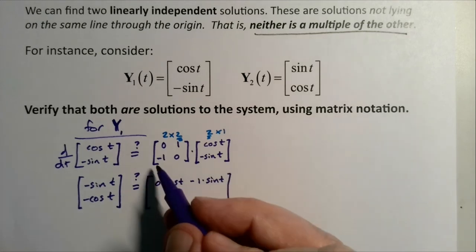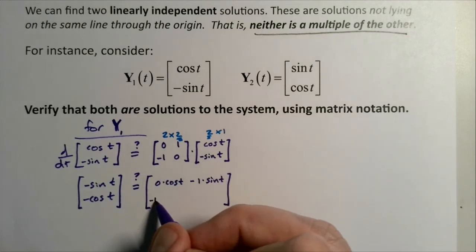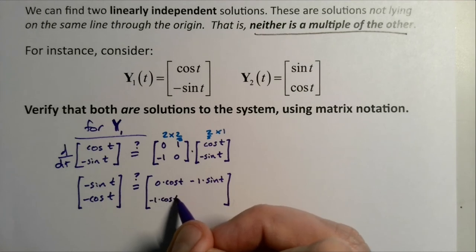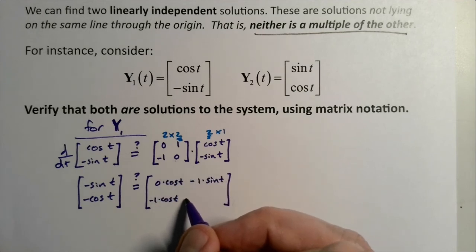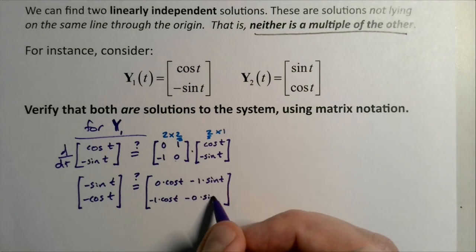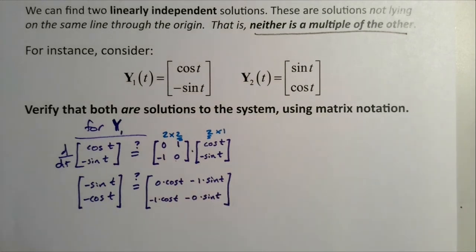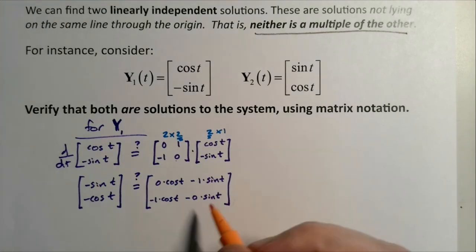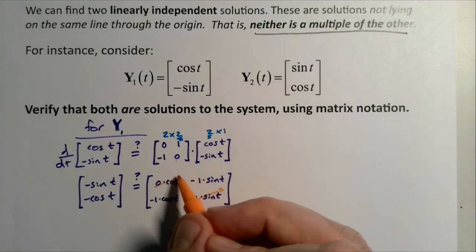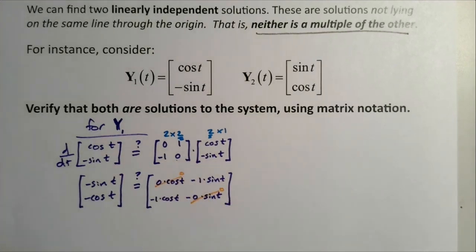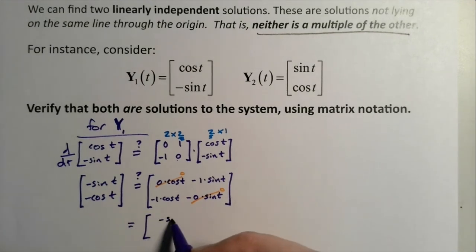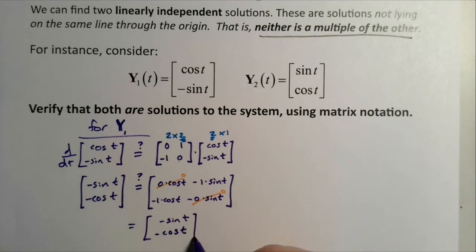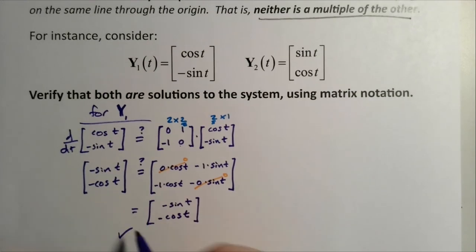The bottom element is negative 1 times cosine plus 0 times sine. And so those are pretty easy. The 0 times sine and the 0 times cosine go to 0, so we don't have to worry about those at all. And so we just have up top negative sine and on the bottom negative cosine. And what do you know? We have the same thing on both sides, so it checks out.